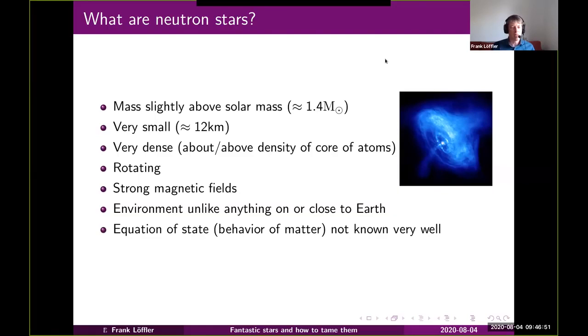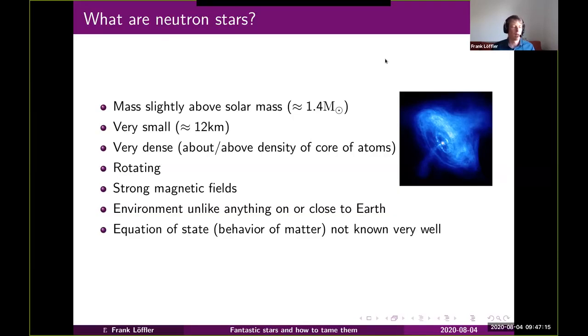These stars, in addition, are rotating, or most of them are, some of them really fast, and we will get to some of that. They are believed to have strong magnetic fields, and that means if you take all of that together, you get an environment that is unlike anything you can get on Earth.